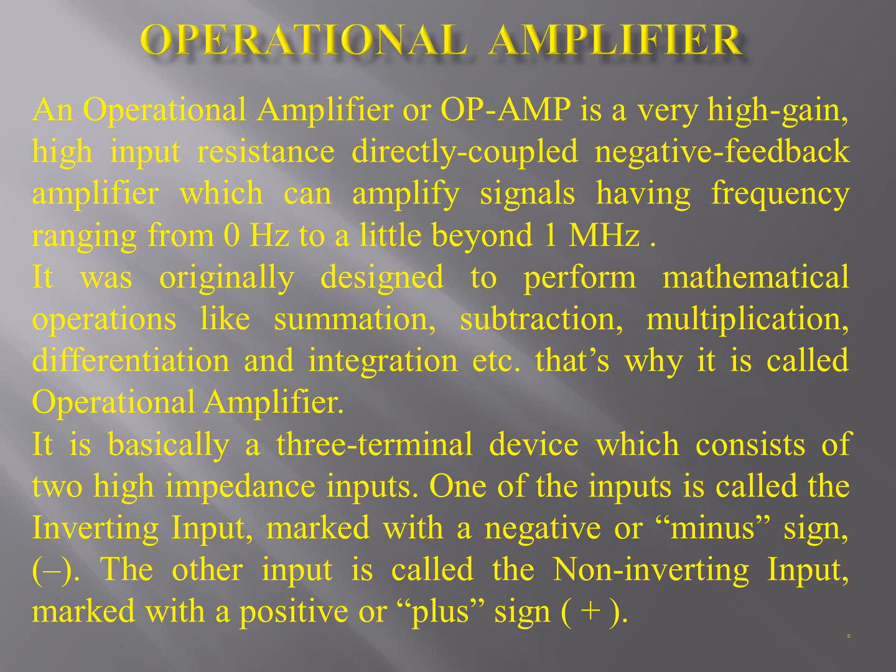It is basically a 3-terminal device which consists of 2 high impedance inputs. One of the inputs is called the inverting input, which is marked with a negative or minus sign. The other input is called the non-inverting input, which is marked with a positive or plus sign.